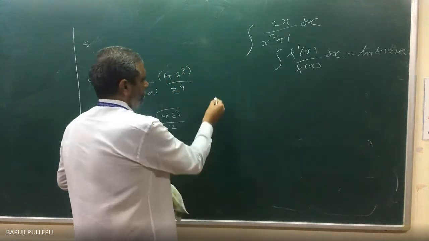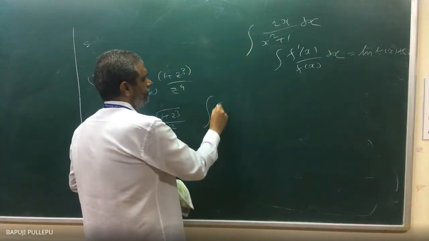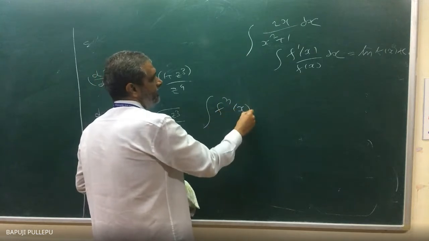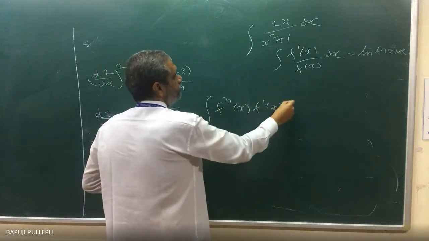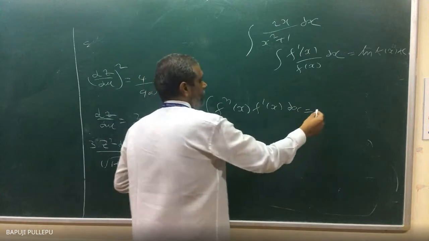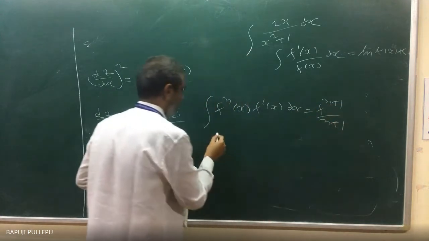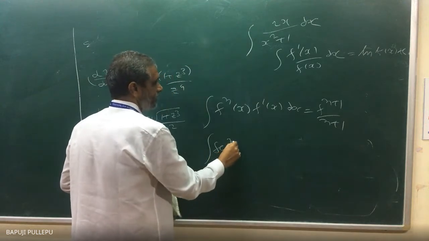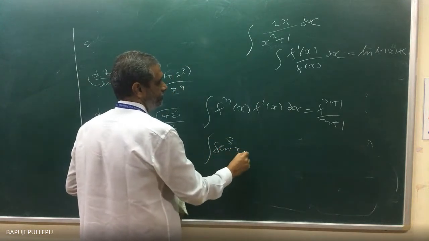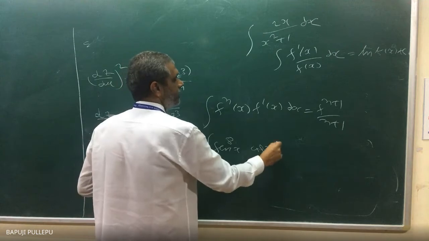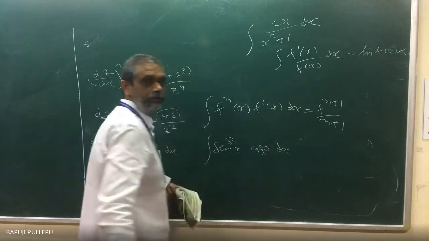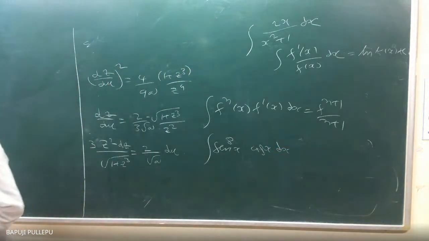Correct? Suppose integral of function power n times its derivative means function power n plus 1 by n plus 1. Suppose sin power 8x cos x dx. Here sin x is the function, power is 8.